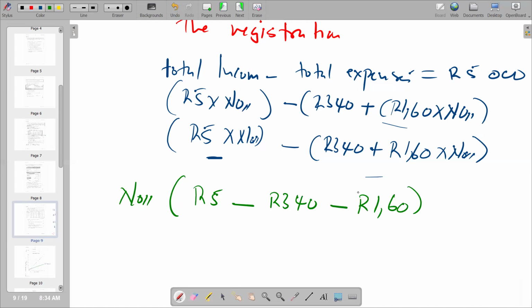So basically, that's how we are going to calculate it. And then if you calculate it further, we can see how we are going to get it. Remember, all that we are calculating should be equal to 5,000.